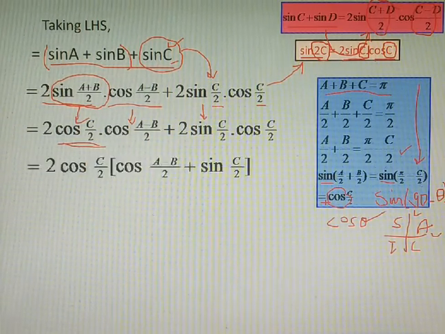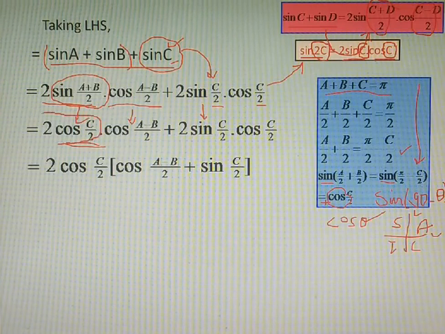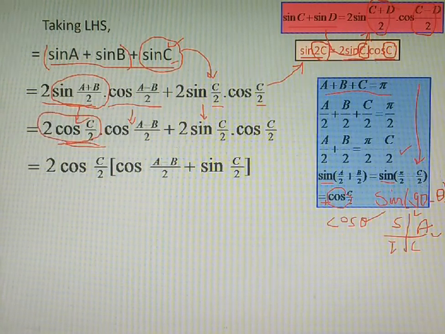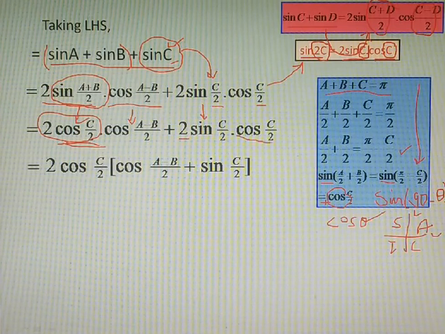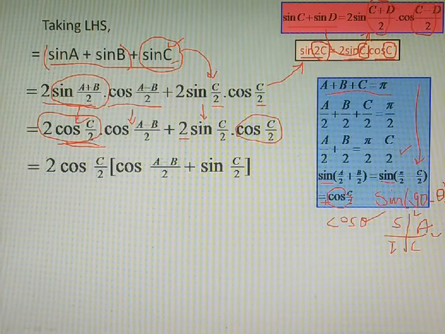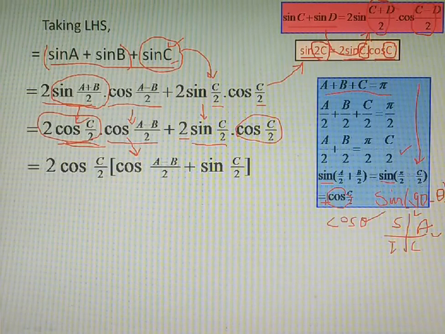So in the next step, we will take common 2 cos C by 2 from the first factor and from the second factor. So what remains here in the bracket is cos (A minus B) by 2 and sine C by 2.